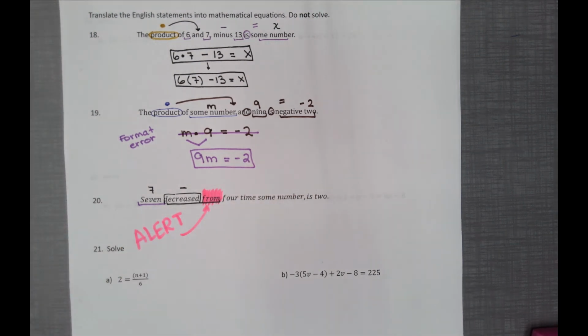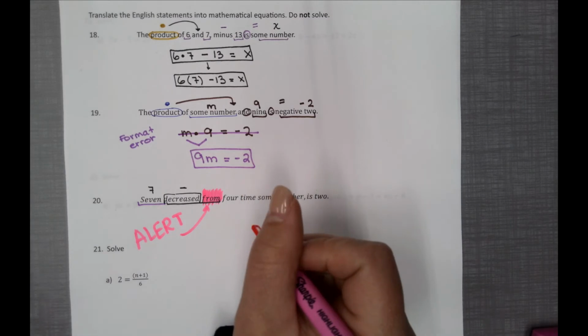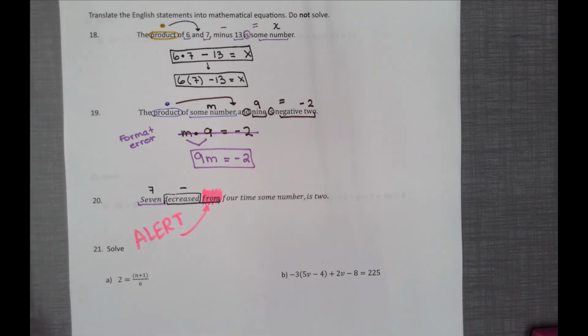Anytime we see from, anytime we see, oh, I'm blanking out on the other word. Let's go ahead and stay with from. We are, oh, than. Than is the other word. Oh, it came to me. Anytime we see from or than, it means switch the order.